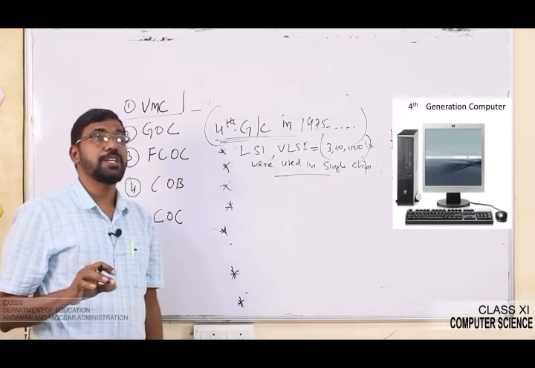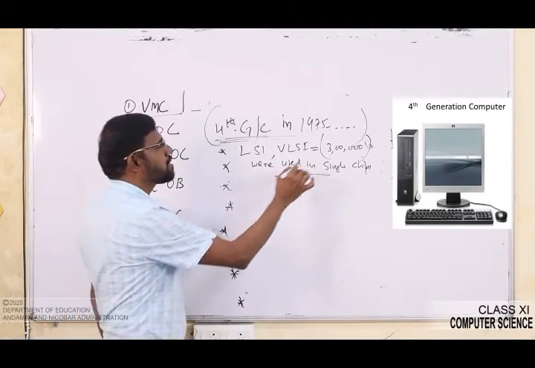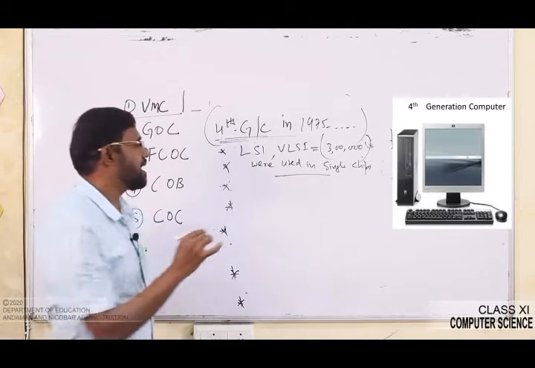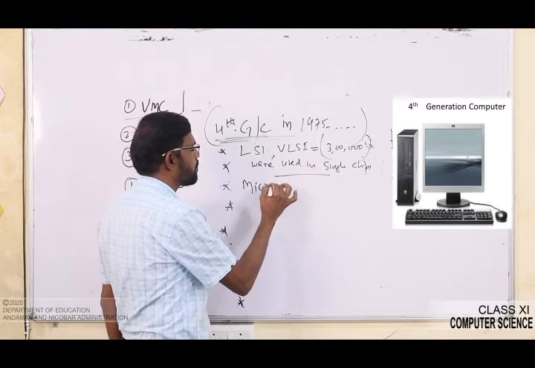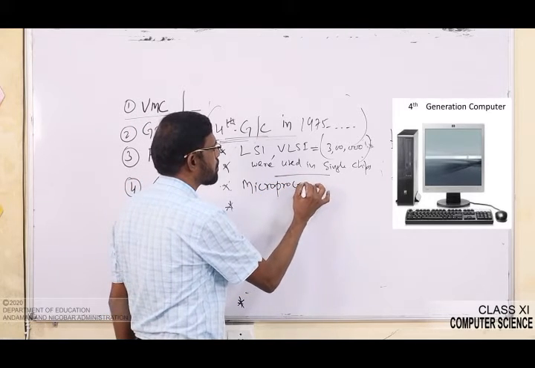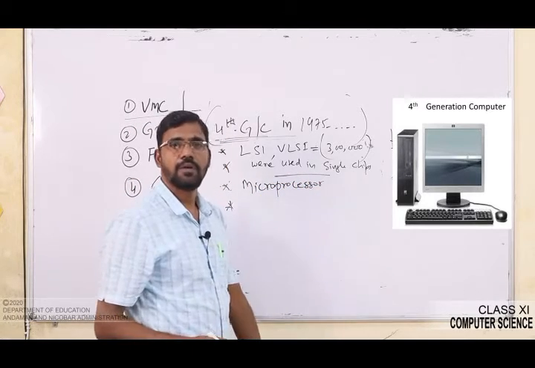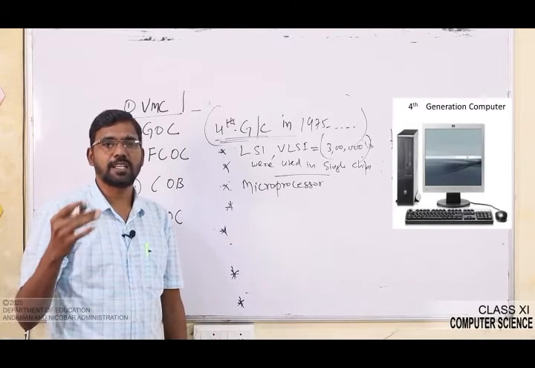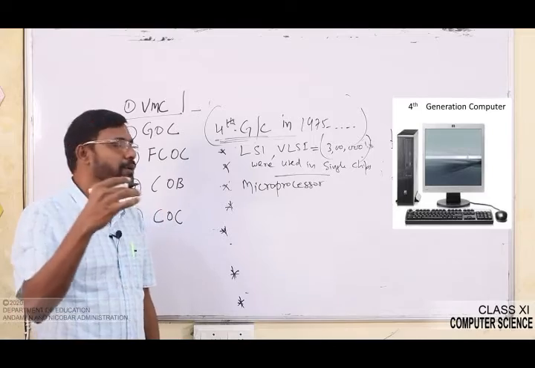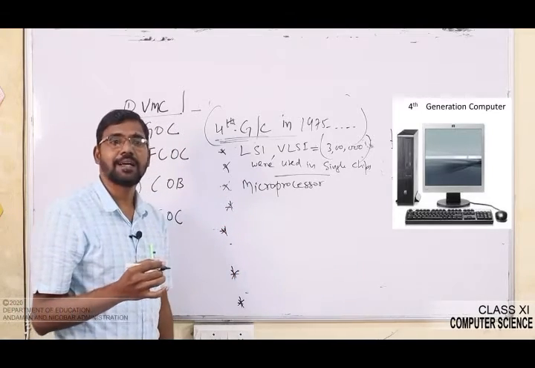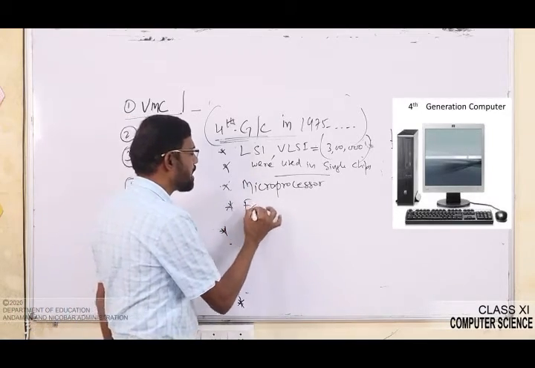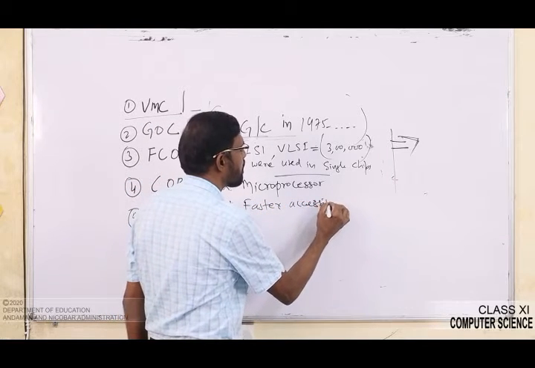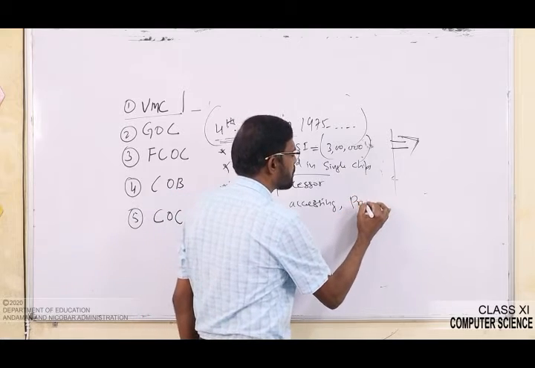So, from 1971 onwards, the chip is considered and named as a microprocessor. After developing the microprocessor technology, the computer can access and process faster.